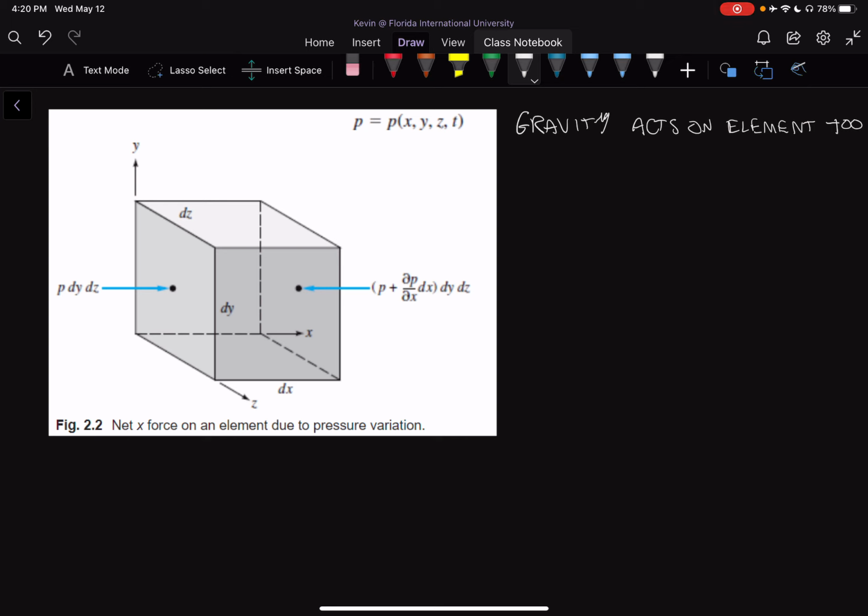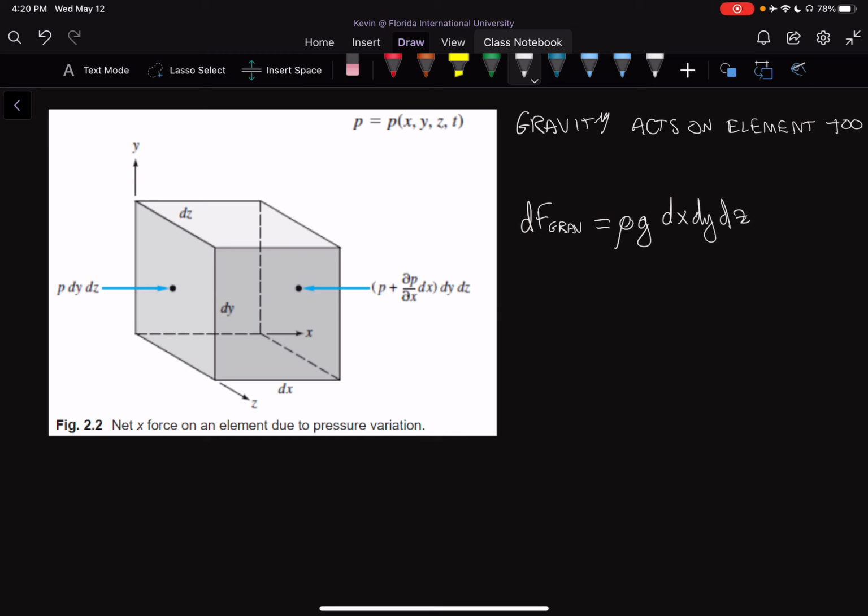And in the same way as our pressure force, how is gravity going to affect this element? Well, we can write that the force due to gravity would be equal to the density times the acceleration due to gravity, little g, multiplied by dx dy dz.